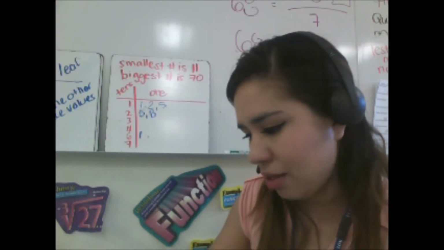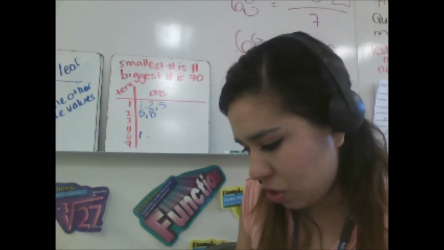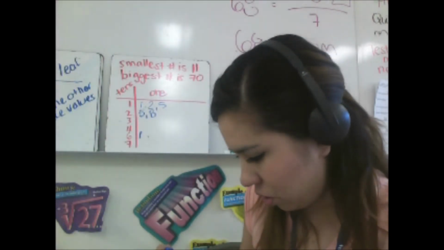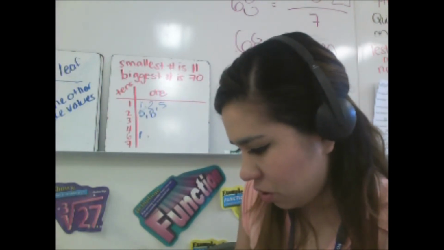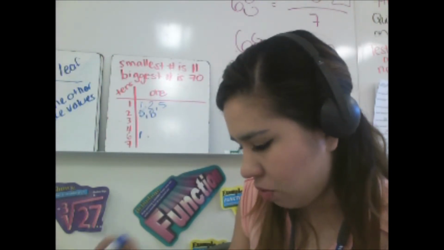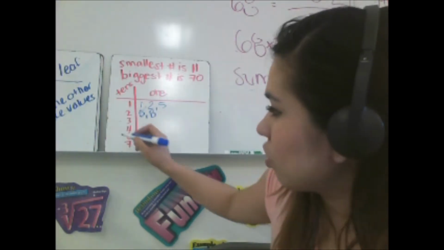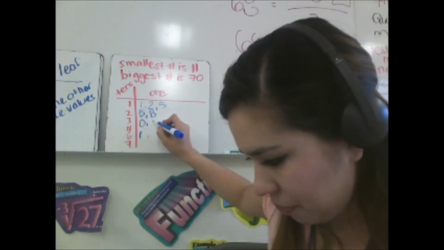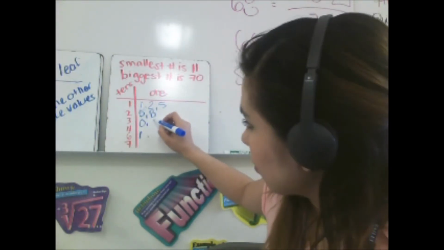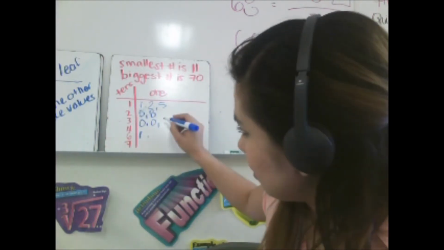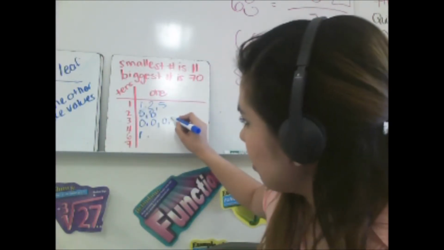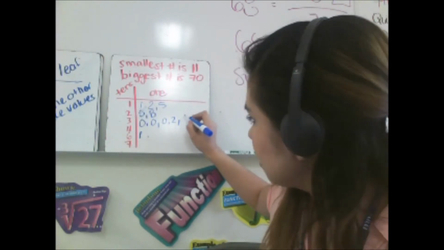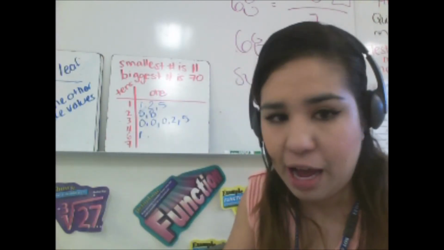I have the cat, that's 30, the giraffe, 32, the bear, that's 30, the white deer, that's 30, the rabbit, and the regular deer. So if I put that in order, it'll be the cat, 30, the bear, 30, the white deer, 30, the rabbit, 32, and then the regular deer, 35.